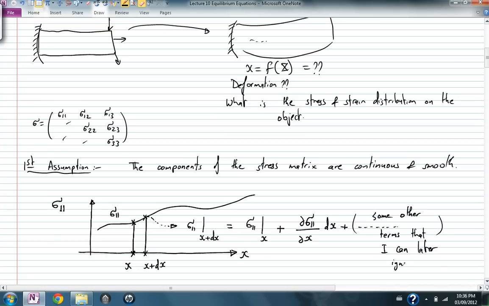Because I'm able to assume the continuity of those variables, I'm able to form differential equations.